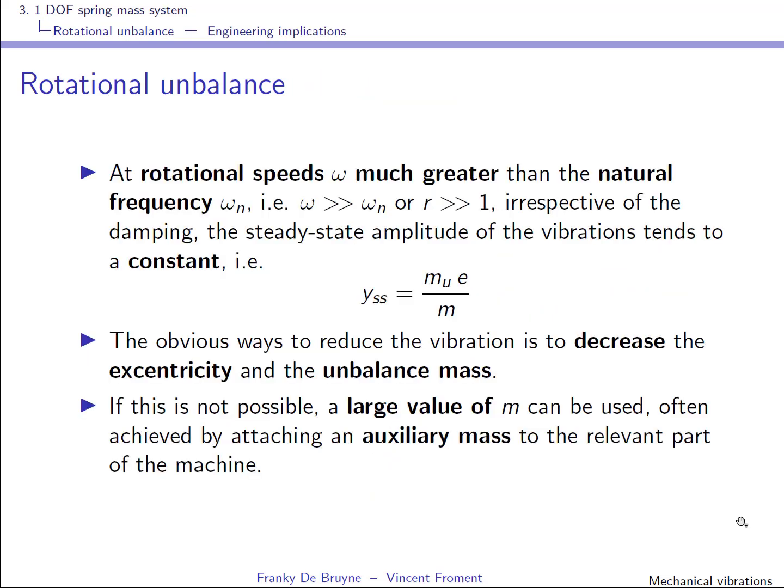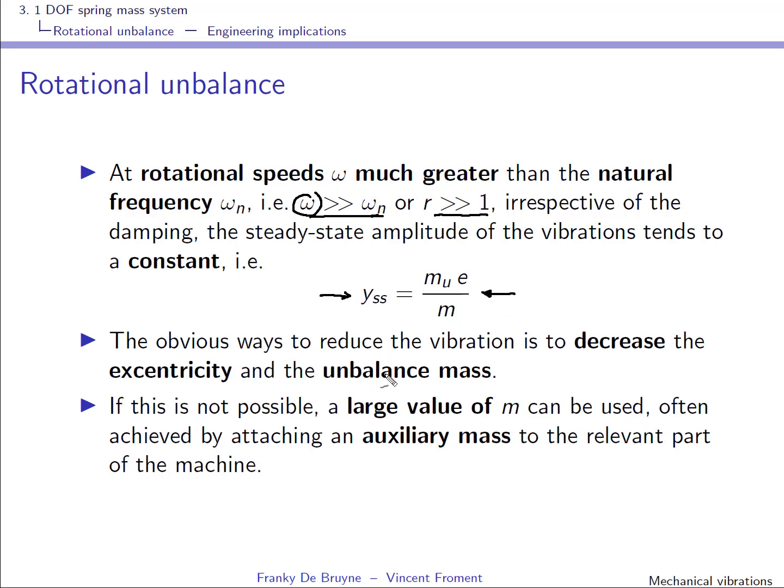Well, we had seen that the normalized displacement was going to 1 for large values of the normalized frequency, or when the frequency is much higher than the natural frequency. This means that the displacement magnitude in steady state for those high frequency values, high with respect to the natural frequency, well, they tend to this value.